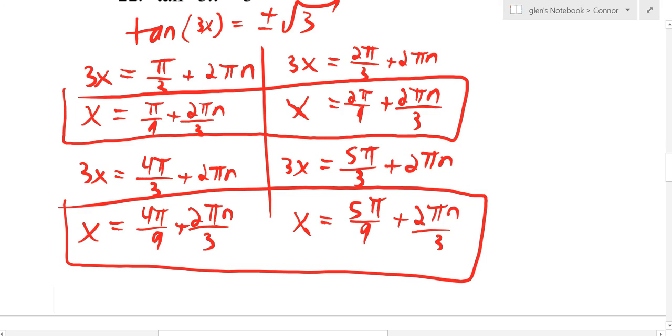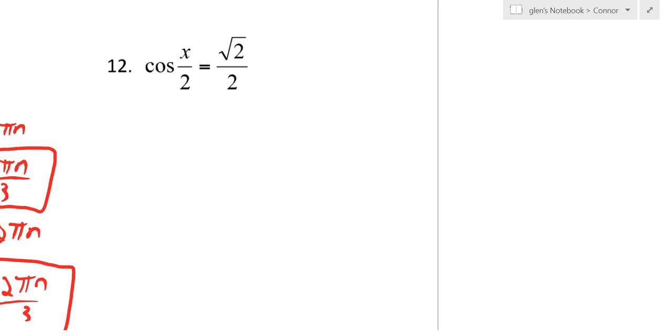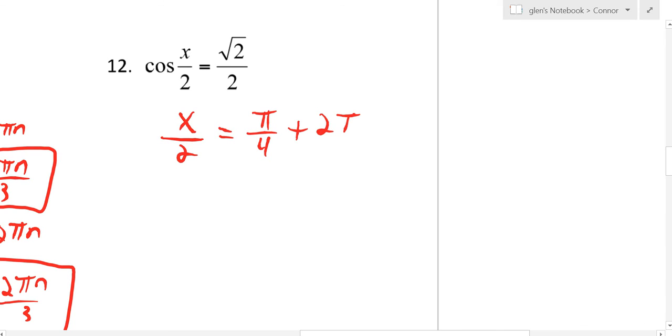And then the very last one, although it looks different because there's an x over 2, we handle it the same exact way. Instead of dividing by 2 to get x, we're going to multiply by 2, when we get to the x over 2 equals step. So anyway, we got to know where cosine equals root 2 over 2. That happens when the inside angle, which is x over 2, is pi over 4 plus 2 pi n, and it happens again when the inside angle is 7 pi over 4.